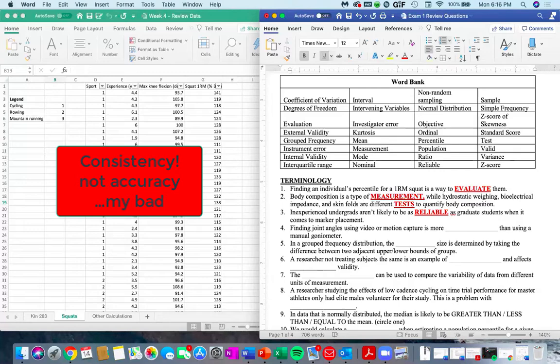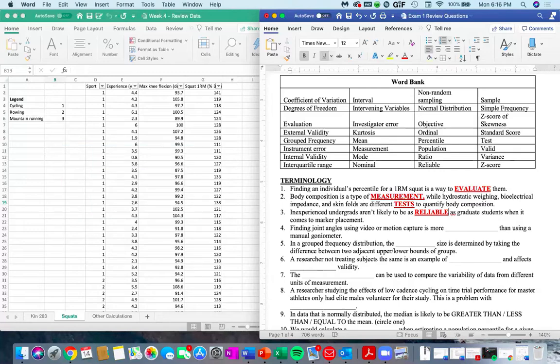Okay. I noticed Isaac also said valid, right? And a lot of times when I ask these questions, sometimes there's more than one correct answer. Okay. So yeah, Vinny, you're correct. Ability to repeat with accuracy, right? But again, reliability is in relation to consistency of measurements, and validity is looking at accuracy.